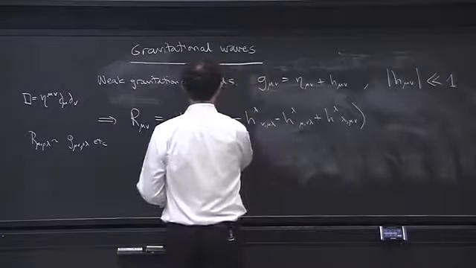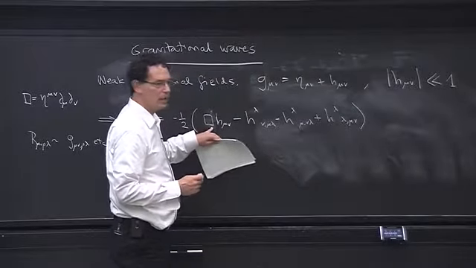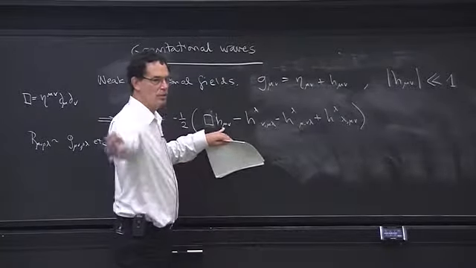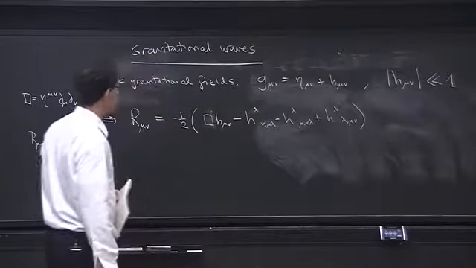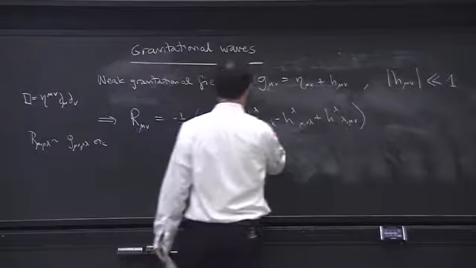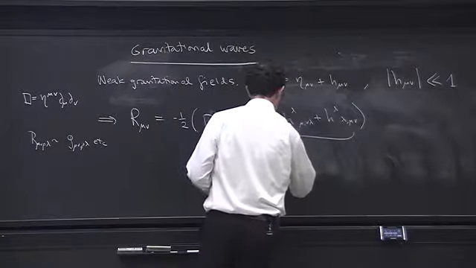Now, this term is nice, right? That's telling you that the Einstein equations are going to be box h equals something like T_{μν}. These terms are kind of messy, but you can reorganize them.